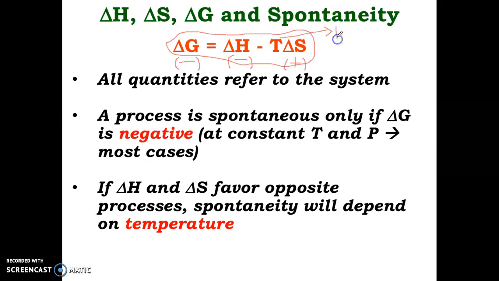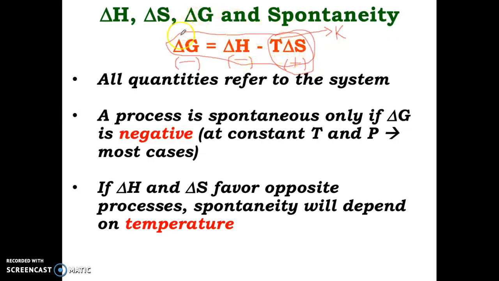Because T is in kelvins, so temperature is always going to be positive. A negative delta H minus a positive number is always going to be negative. Delta S is positive, and T is also positive, so this section right here is always going to be positive.